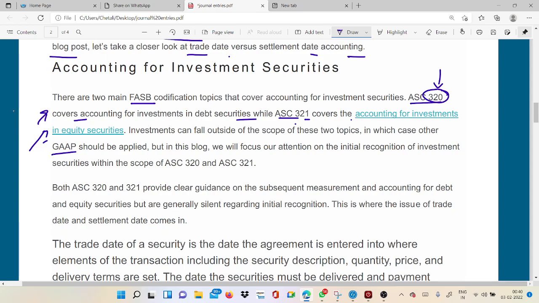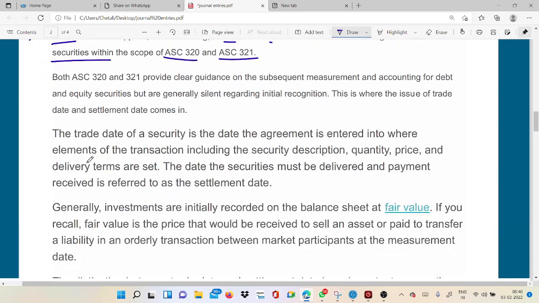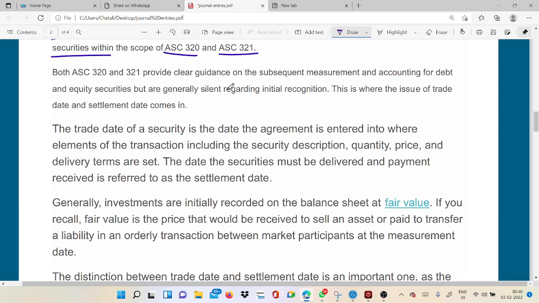Here GAAP should also be applied. We will focus our attention on the initial recognition of investment securities within the scope of accounting standard 320 and accounting standard 321. Both provide clear guidance on the subsequent measurement and accounting for debt and equity securities, but, this is very important, they are generally silent regarding initial recognition.